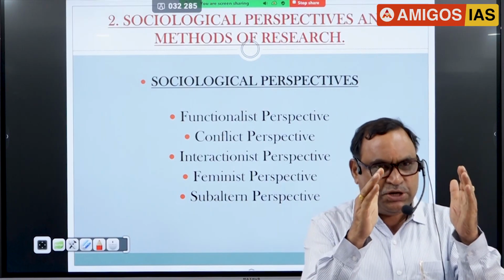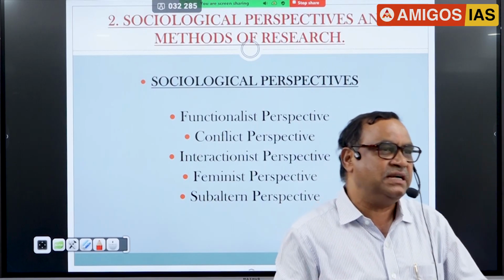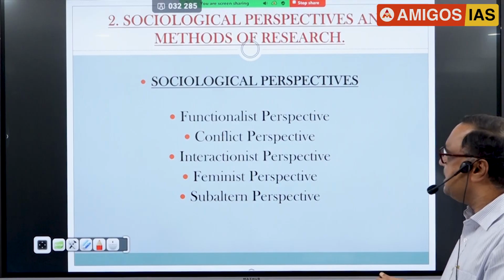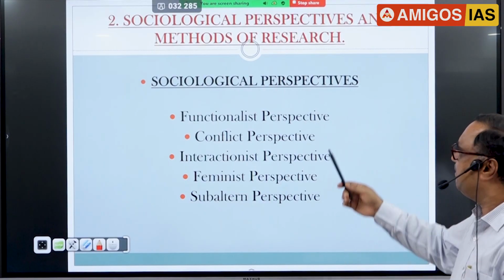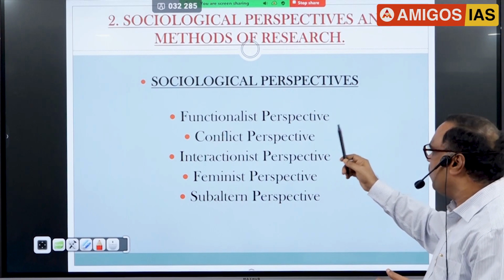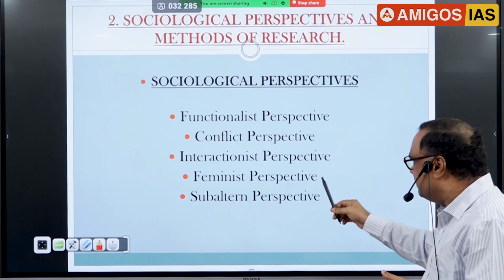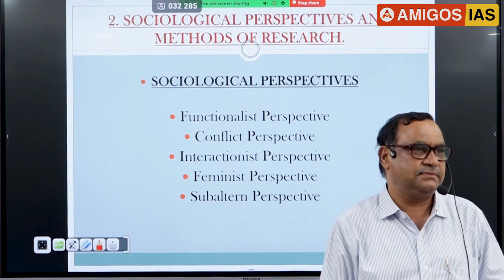Looking at the same issue, same system, people view that system in different ways. So like that, in sociology, there are certain dominant perspectives, like functional perspective, conflict perspective, interactionist perspective, feminist perspective, and subaltern perspective. Okay.